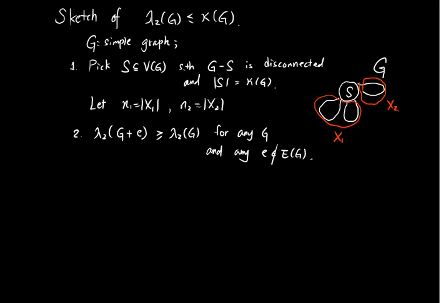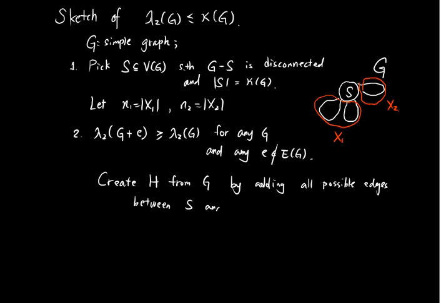So let's try to create a new graph H from G by adding all possible edges between S and V taking out S. So the edges in between might not be that connected, but try to add all edges from any vertex in S to any vertex outside.